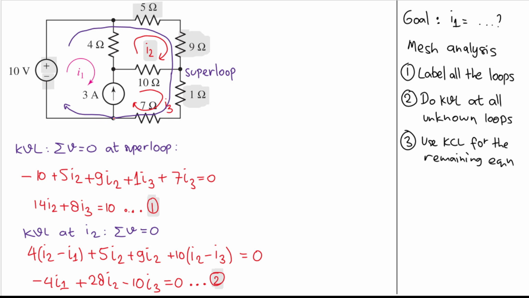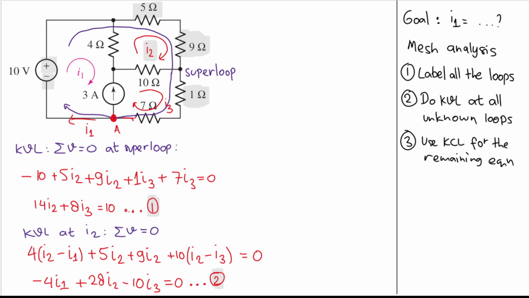I think I will use this node here, right? So let's name this node as node A. And then we know the current here that is flowing to the voltage source is I1, right? And here we also have I3 that passes through this 7 ohm resistor.